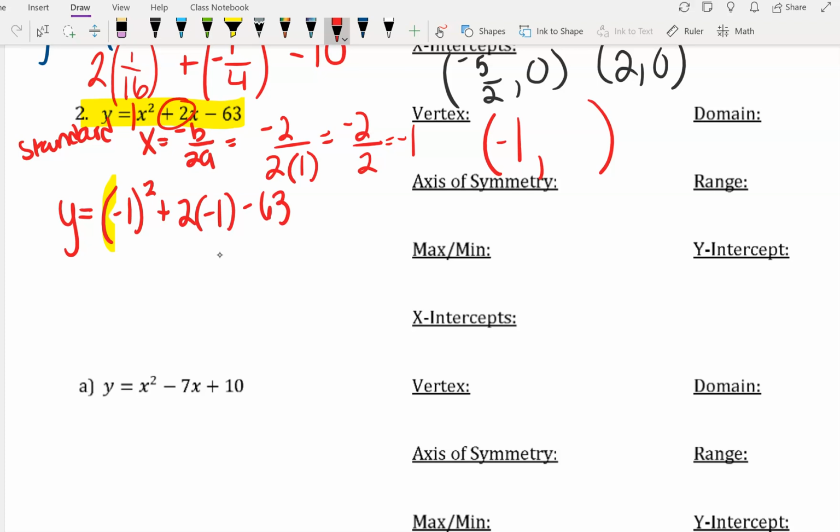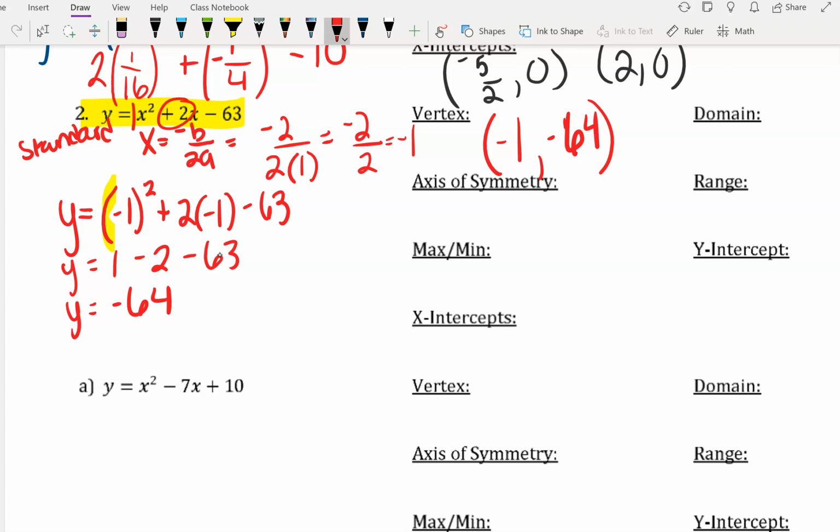Negative 1 squared is positive 1. 2 times negative 1 is negative 2, and then we still have this minus 63 on the end. 1 minus 2 is negative 1, minus 63 is going to be negative 64, which is kind of a big negative number, but at least we didn't have to deal with a bunch of decimals and fractions there.